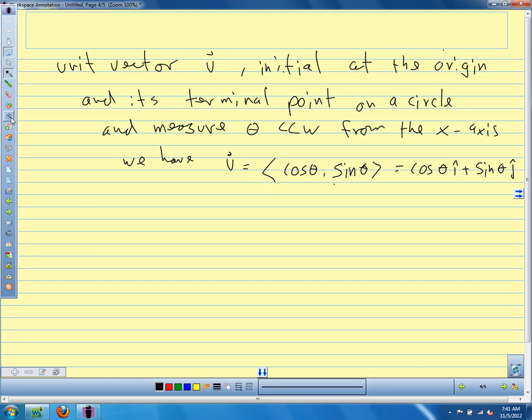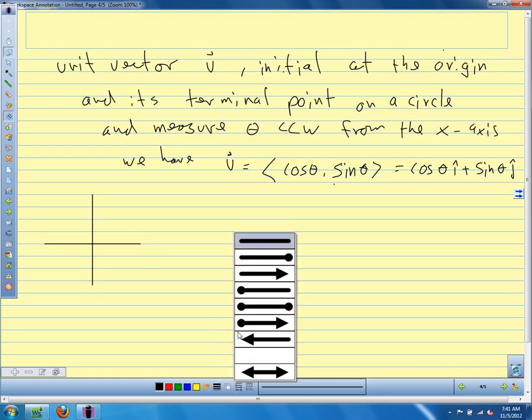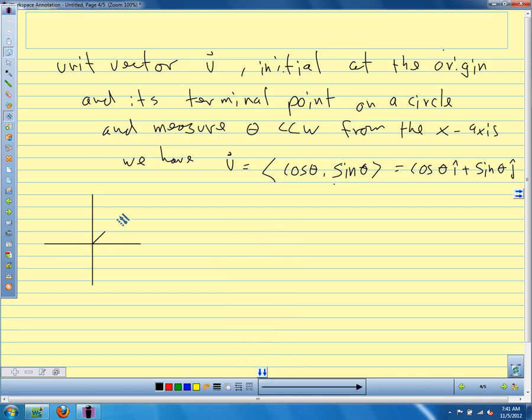So let me just draw a quick sketch here. Here are our axes. Here's our vector. That's theta. If I project this down, that side of the triangle is cosine theta, that side of the triangle is sine theta, and this is my unit vector u here.